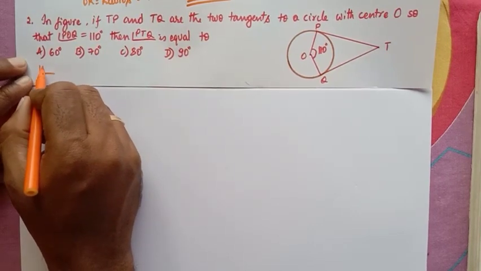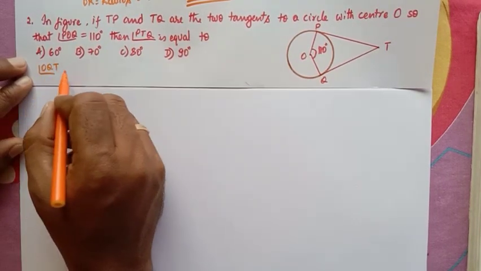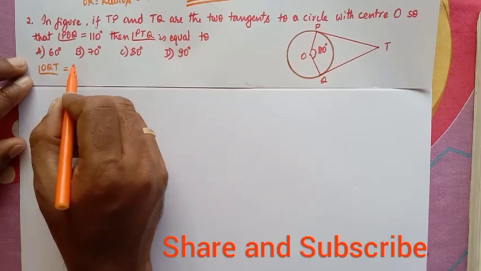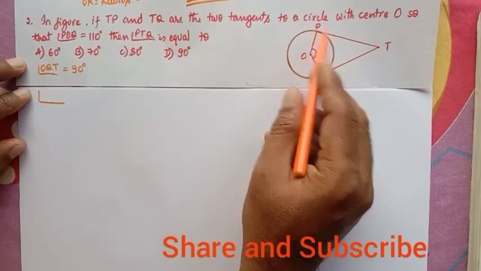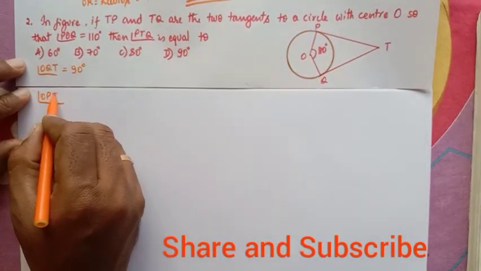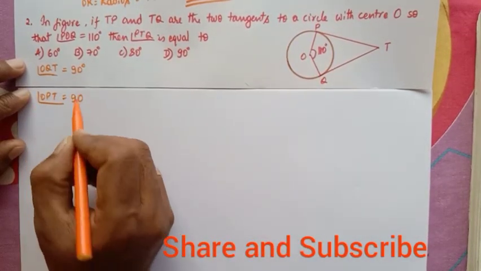Angle OQT is equal to 90 degree and angle OPT is equal to 90 degree.